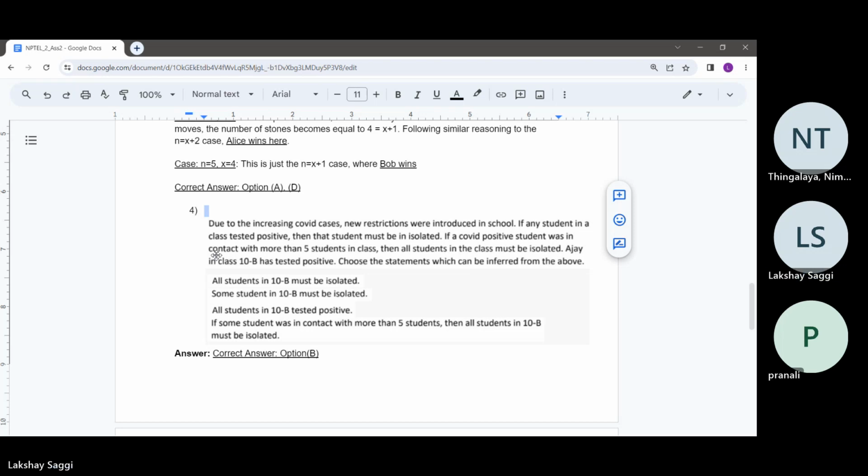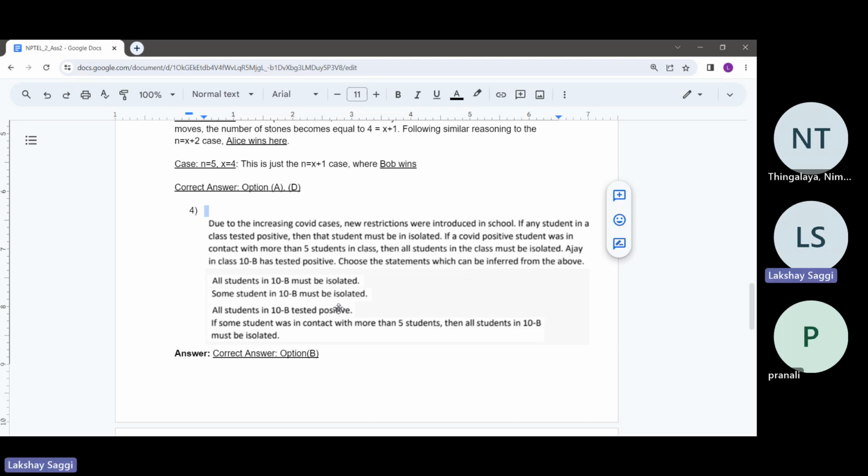So, some student in 10th B must be isolated. What does this statement mean? This means that there exists a student in 10th B who must be isolated. So option B will be true if there exists at least one student who must be isolated, right?